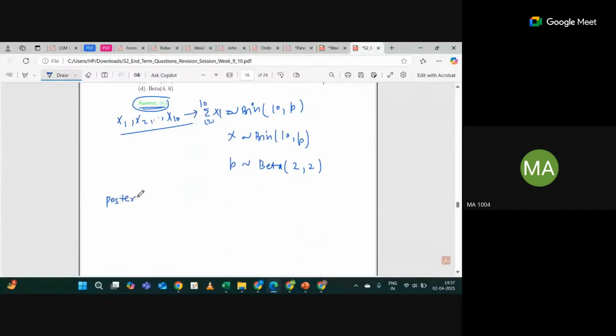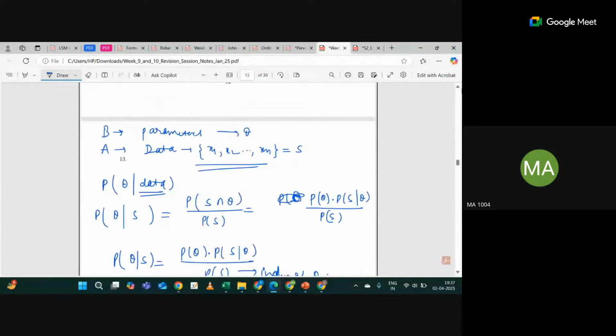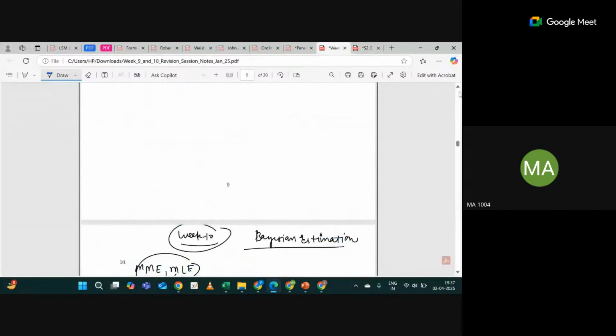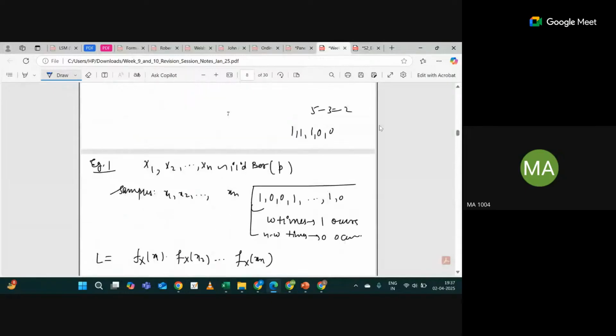All right. Now we have to find the posterior distribution. The posterior distribution is proportional to likelihood times prior. And what is the likelihood? In the previous question, to calculate the likelihood, what is the success? Success is how many times one is occurring. Here I'm interested in 5.